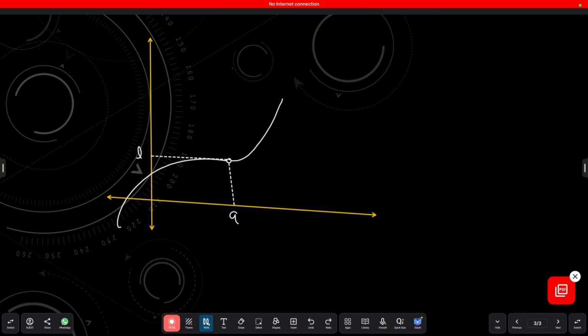In this graph, if I ask you the limit at x equals A, what is the value of the limit at x equals A?